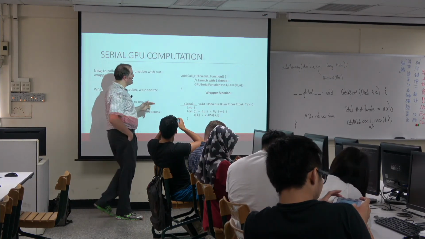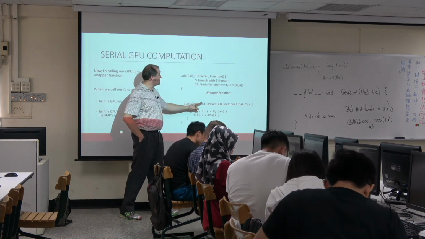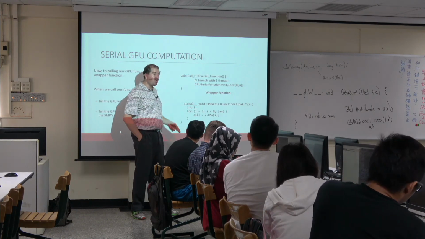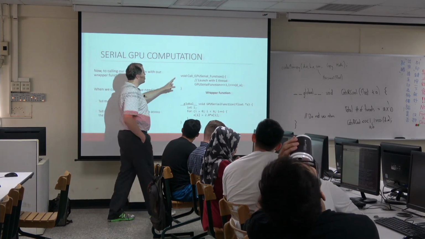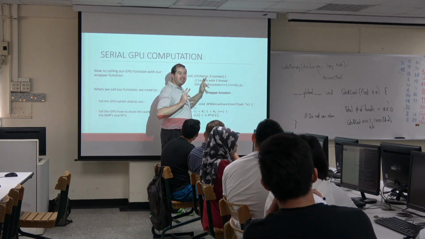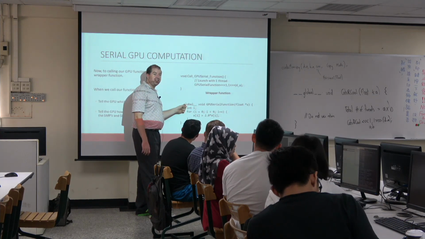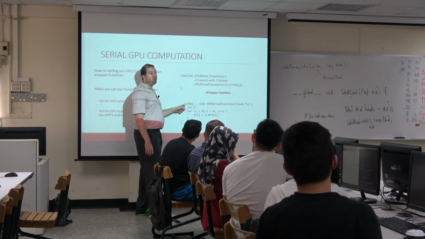Because your code has called the GPU serial function and this global void GPU serial function, these functions need to be declared before they're used in your code. You have two options for this. This call GPU serial function you can declare in your header file. That's okay. You cannot declare this one in your header file because it has global in front. Your GCC compiler will not understand that.